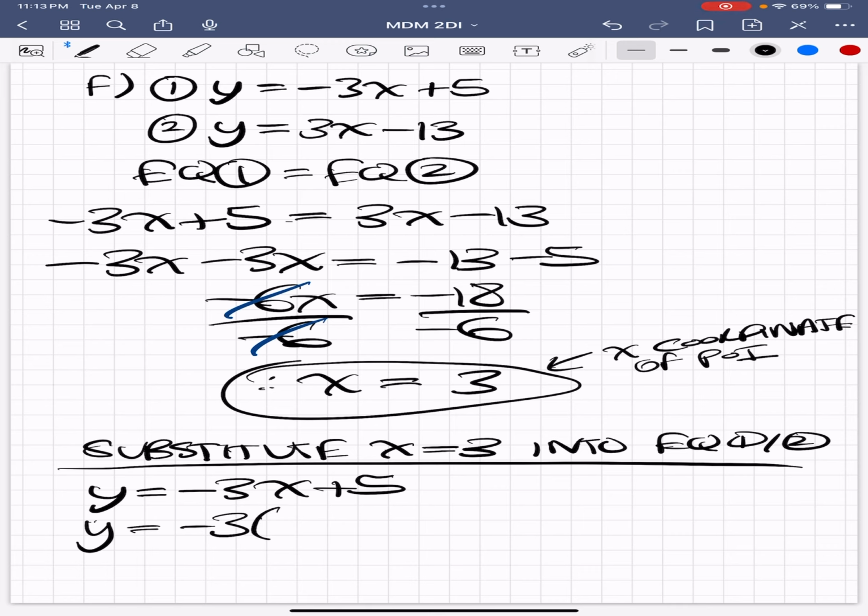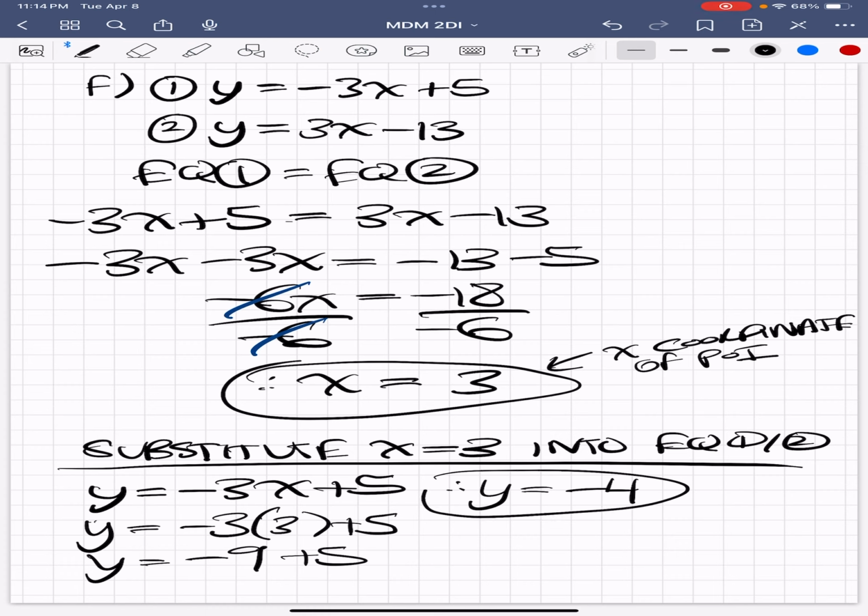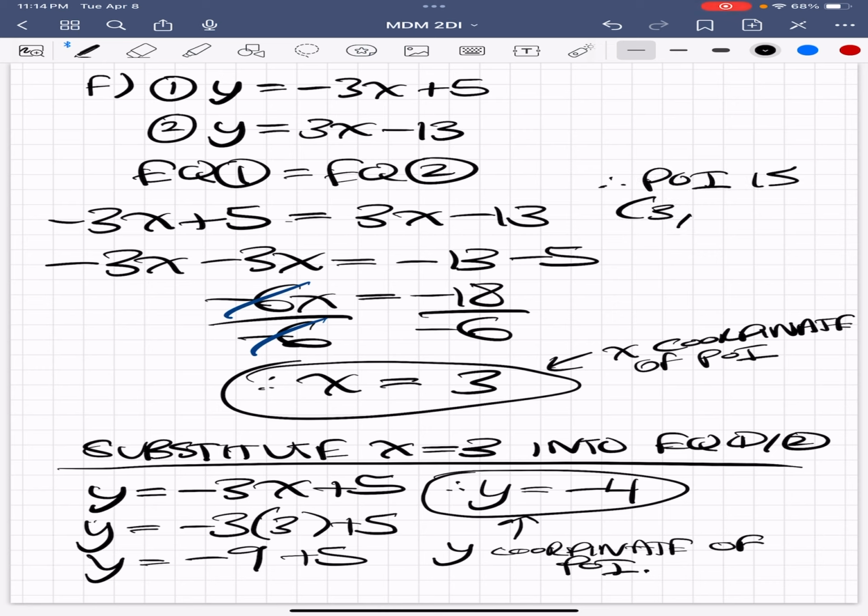We substitute x equals 3. So we have the point of intersection is 3, negative 4.